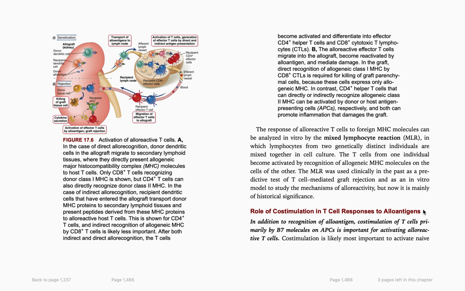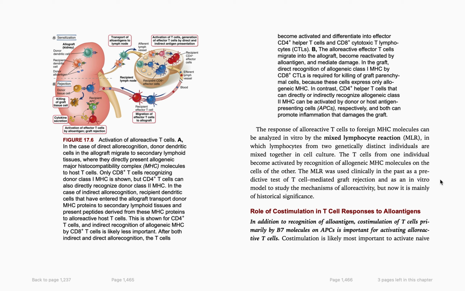So the response of alloreactive T cells to foreign MHC molecules can be analyzed in vitro by mixed lymphocyte reactions, in which lymphocytes from two genetically distinct individuals are mixed together in cell culture. The T cells from one individual become activated by recognition of allogeneic MHC molecules on the cells of the other.